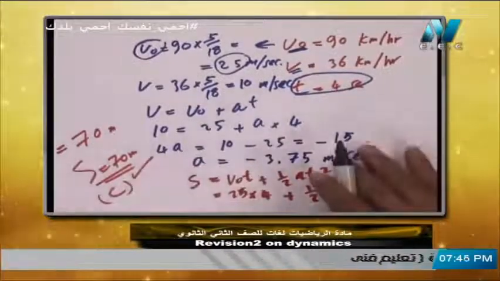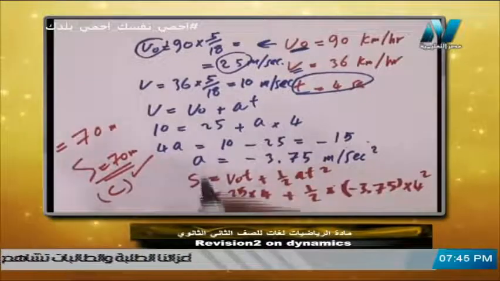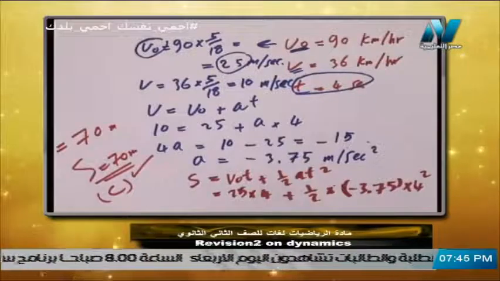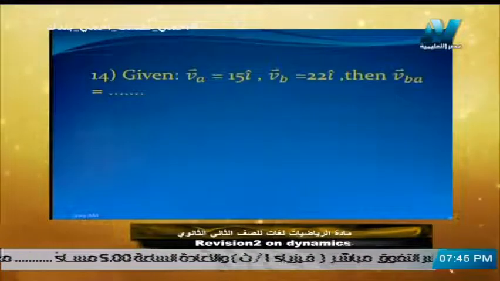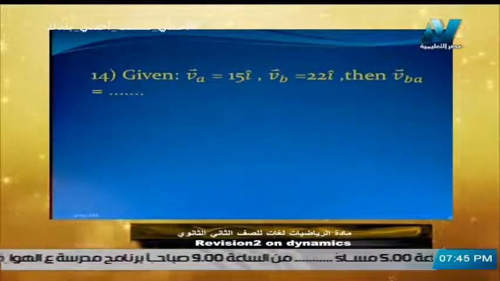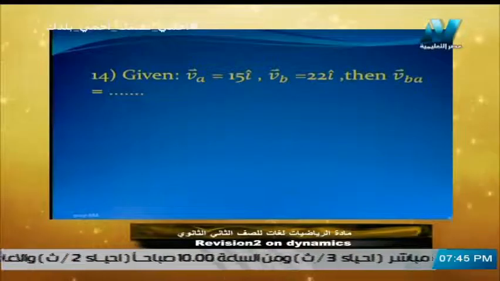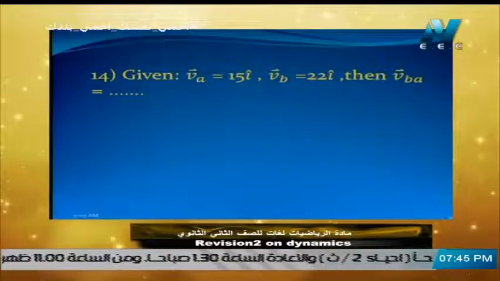Okay, we have now explained this question. Let's move to the second question using the laptop. Given that VA equals 15i and VB equals 22i, then VBA equals what?